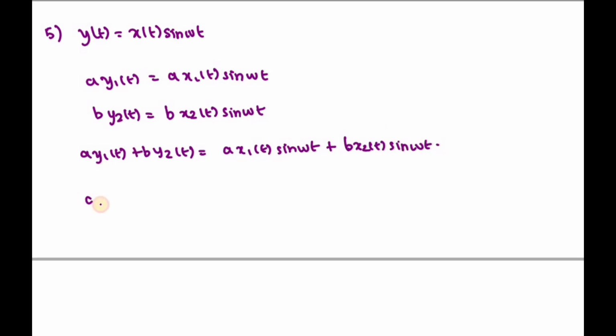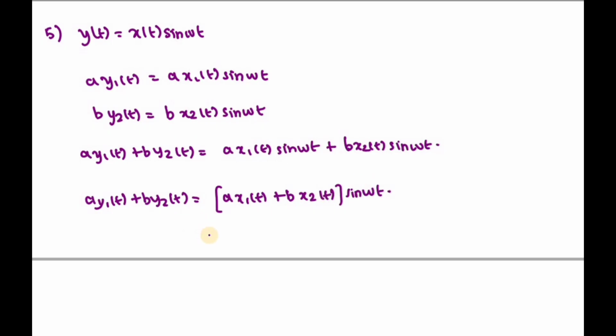So this is here a. My first equation, I have to substitute a x1 of t plus b x2 of t instead of x of t sine omega c t.